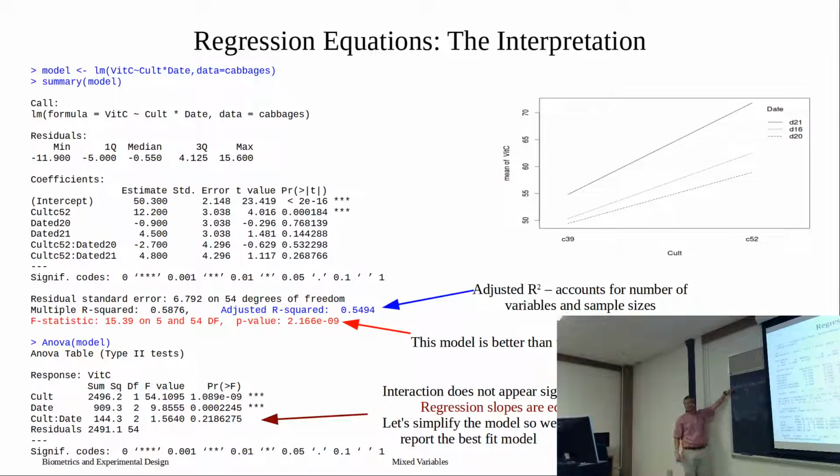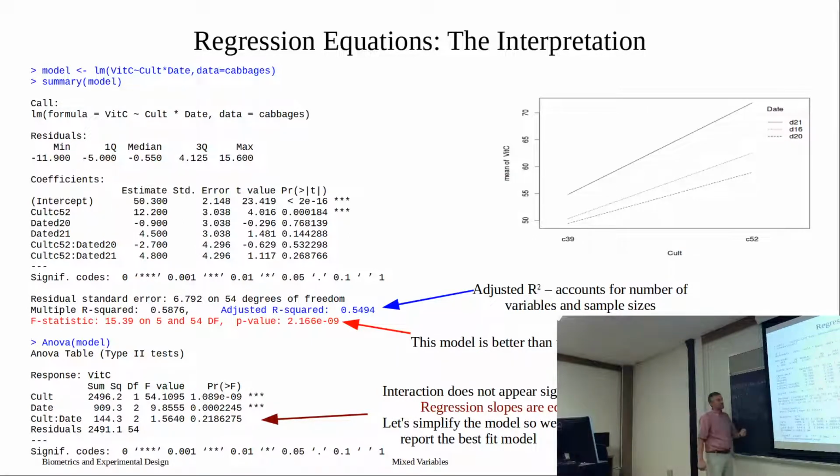Did we do better by including these variables than if we don't? If you get a p-value that's greater than 0.05, your model is no better than the null model. None of your variables basically have an effect. But here we know we've done better. By accounting for cultivar and date and the interaction, we've done better than just looking at the grand mean and predicting our vitamin C levels. That's a pretty good thing, usually, in terms of doing science experiments.